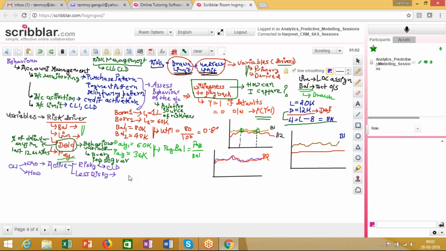Now, the next part is that within the less risky borrowers, I would look into the borrowers by their utilization.